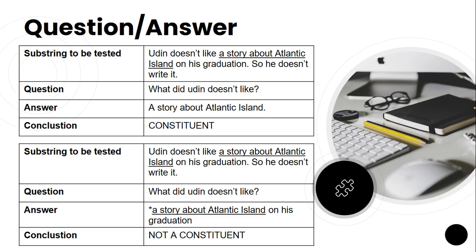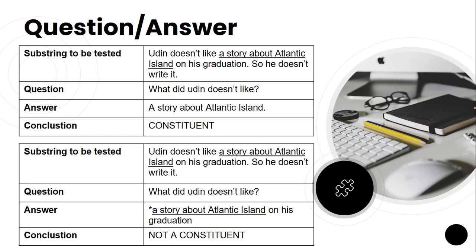Same as this example shown, Udin doesn't like a story about Atlantic Island on his graduation, so he doesn't write it. The question is, what doesn't Udin like? So the answer must be a story about Atlantic Island.